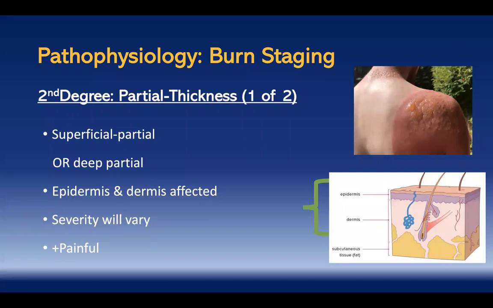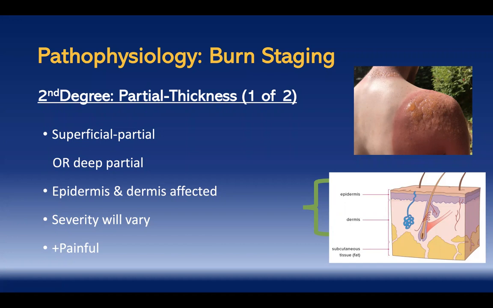2nd degree burns or partial thickness burns can be subcategorized into superficial partial or deep partial. Now, in partial thickness burns, both the epidermis and the dermis are affected, and how much and how deep into the dermis the burn goes will determine if it's a superficial partial or a deep partial.